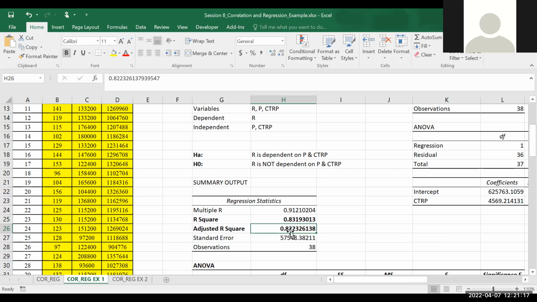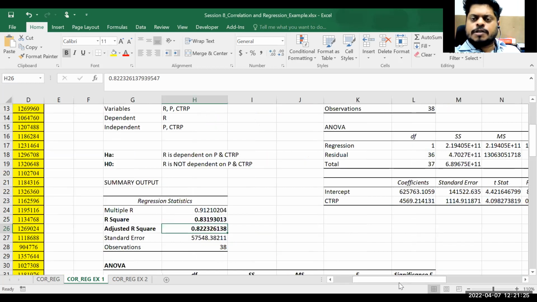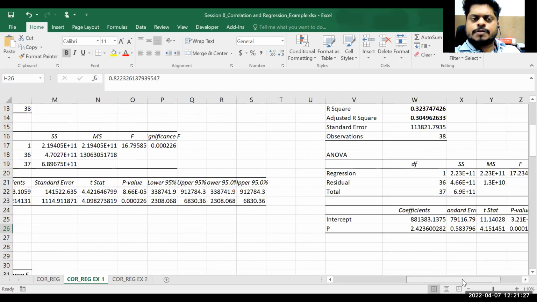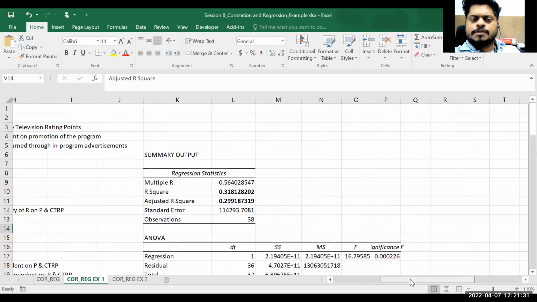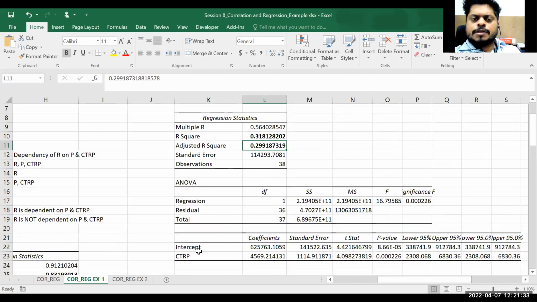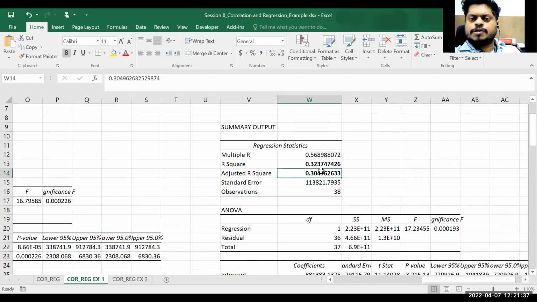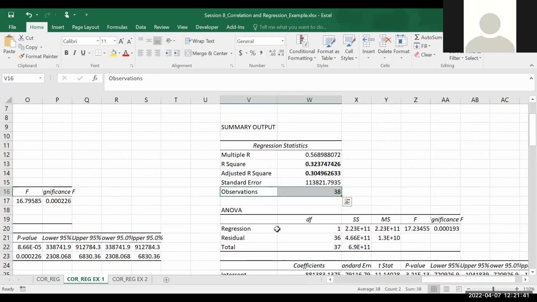Whichever model has the highest adjusted R square, out of these three models, I'll take that one. Let's say this model is not there. I have to compare these two models, with P and with CTRP, and see whichever has more adjusted R square. With CTRP, I have 0.29. With P, I have 0.30. I'll select this model. Yes, sir. Got it.